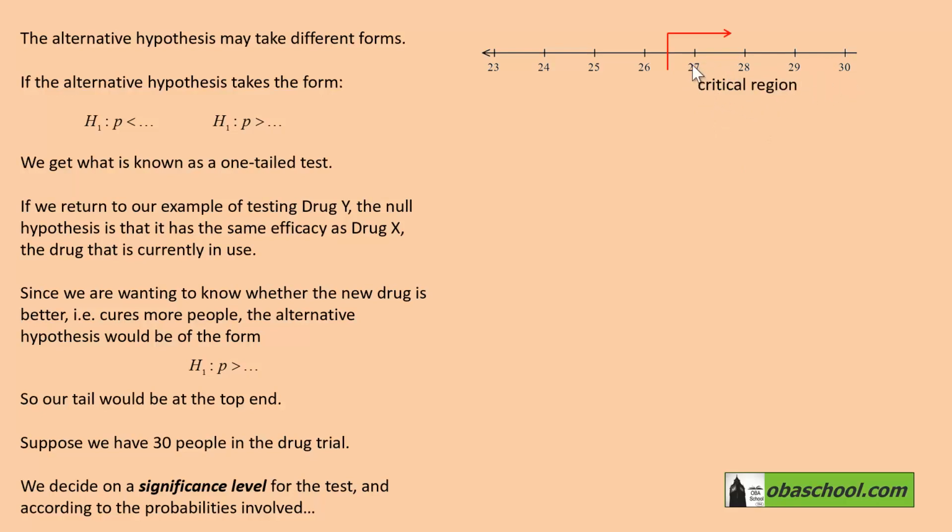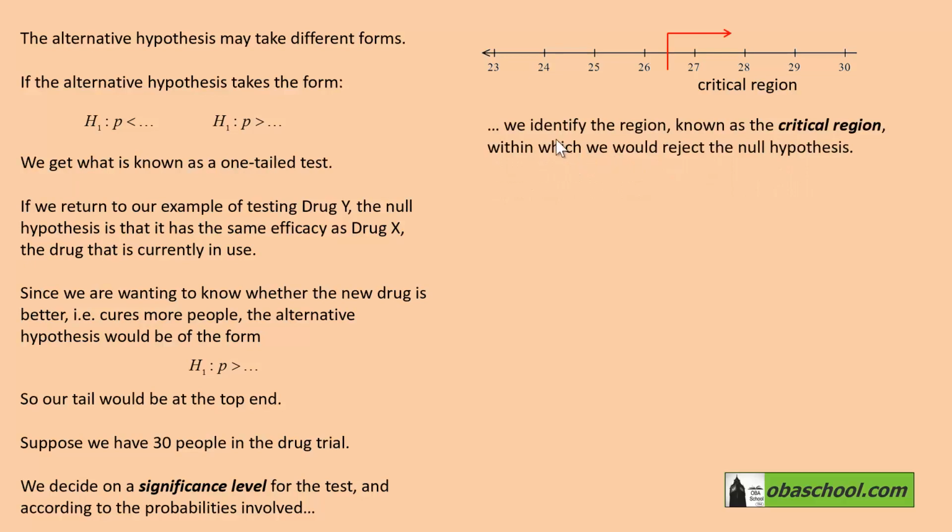In other words, if 27 or more people are actually cured by the new drug, then we would have cause to reject the null hypothesis at the significance level that we're working at. So this region, known as the critical region, is the region within which we would reject the null hypothesis.